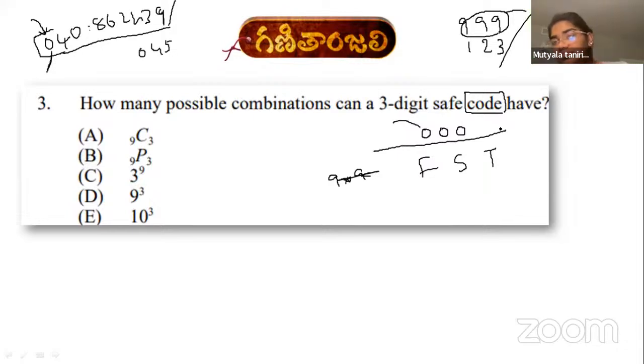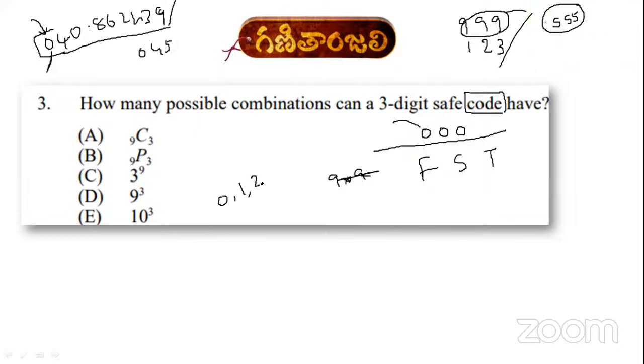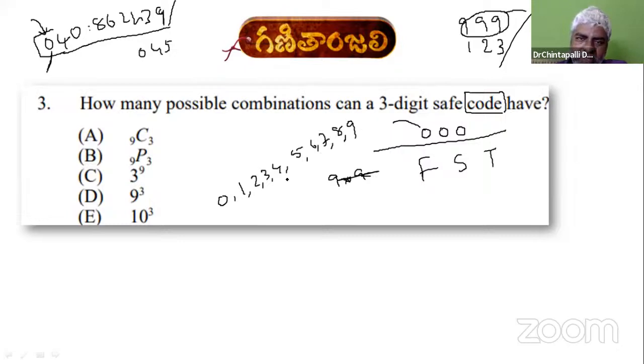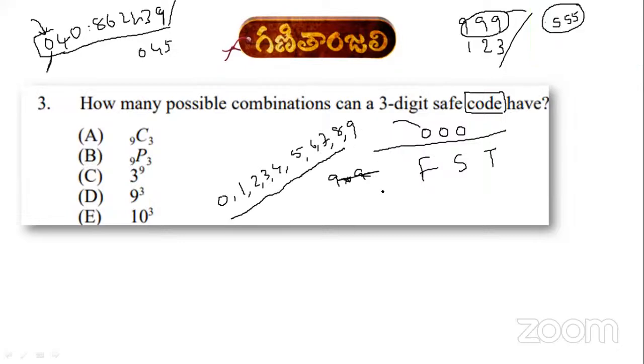How many ways are there for the first digit? First digit can be 0, 1, 2, 3, 4, 5, 6, 7, 8, 9. That's it. How many? It is 10.